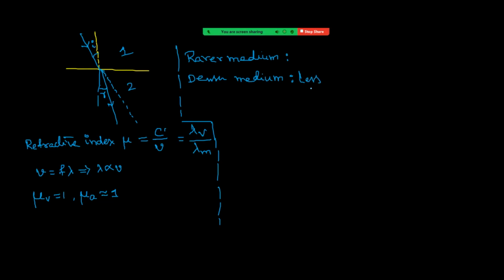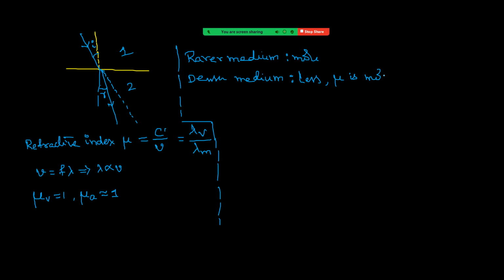Speed is relatively less. That is a denser medium. Where speed is relatively more, that is a rarer medium. Okay. Now let us see here. If speed is less, mu value is more. Speed less, mu value is more. So mu is relatively more.